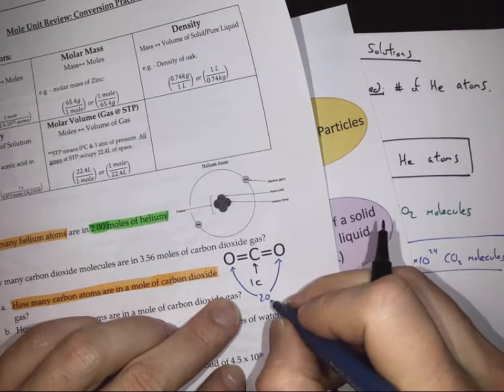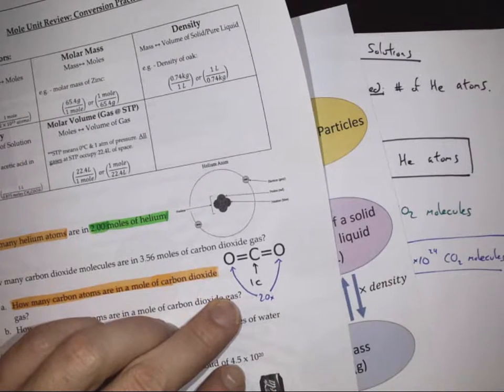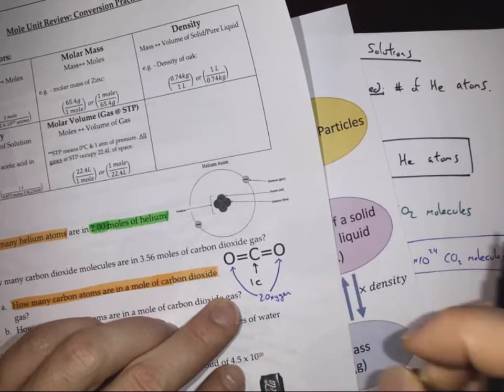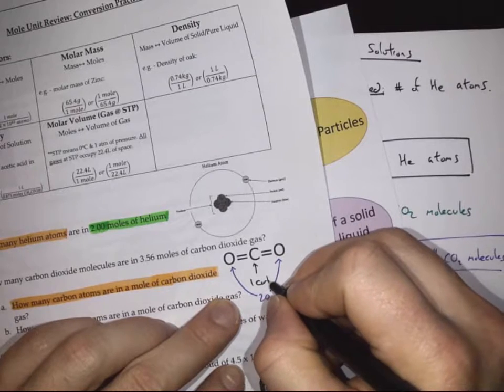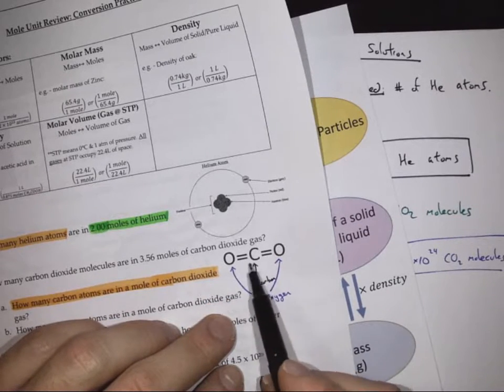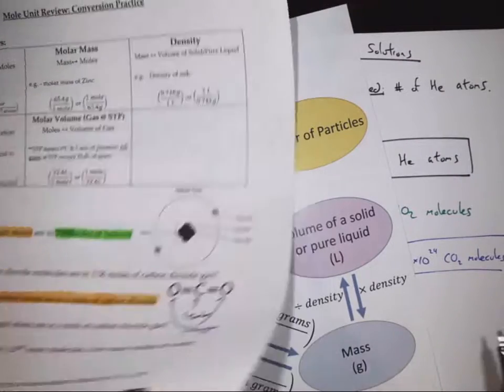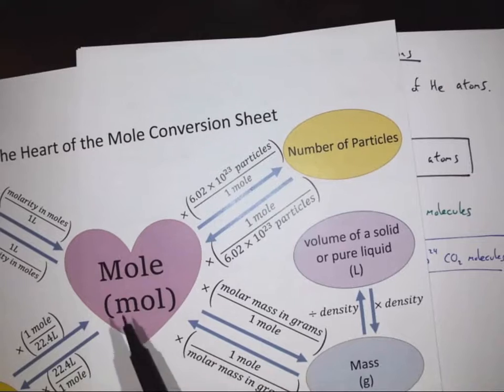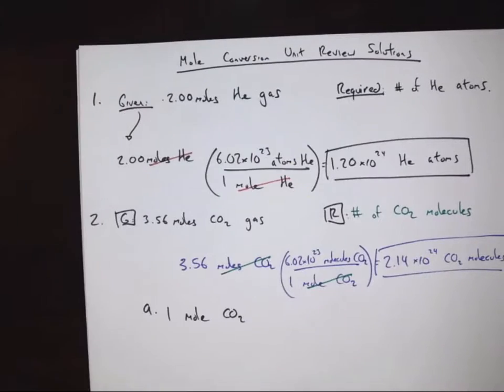I should put an X there so it doesn't just look like the number 20. Okay, so we're going to use this information to make a new ratio that is not on our mole sheet. But first, we need to get to the number of CO2 molecules.